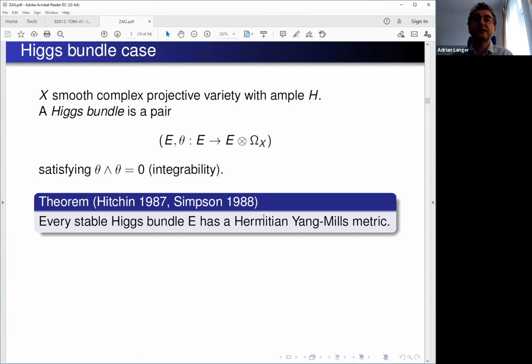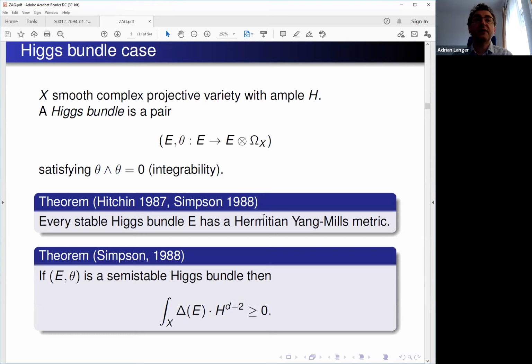So there is an analogous result in case of usual stable bundles. And then this was used by Simpson to show that if we have a semi-stable Higgs bundle, then we still have the same inequality for the Chern classes. Actually he proved this in the stable Higgs bundle case, but there is not so large a difference.